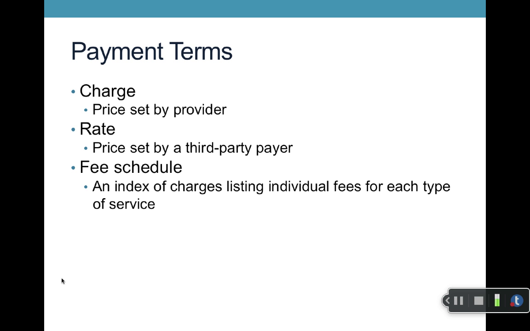So you see this fee schedule, which is the giant list of prices set by the provider or by the hospital. What you don't ever see is what the third-party payer is likely to pay until you get your explanation of benefits, which shows you after the fact the difference between what the provider charged and what the insurance company will pay.